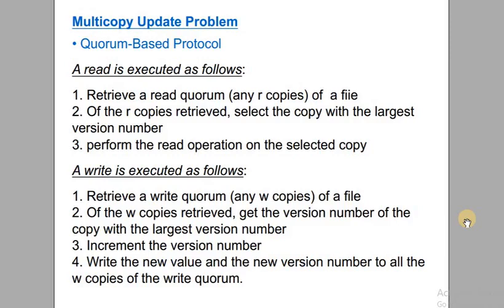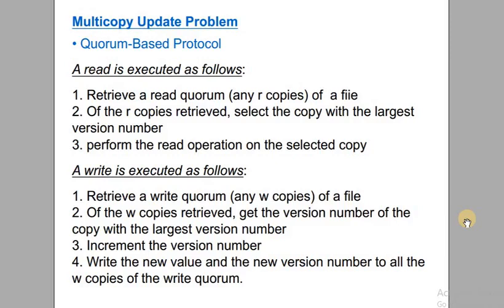Then a write is executed as follows. Retrieve a write quorum. So now we have W copies: out of n copies you pick W copies. Then of the W copies you take the file which is most recently updated, and then you increment the version, because here you are going to do write operations. Of course a new version has to be created because the older one will be deprecated, right?